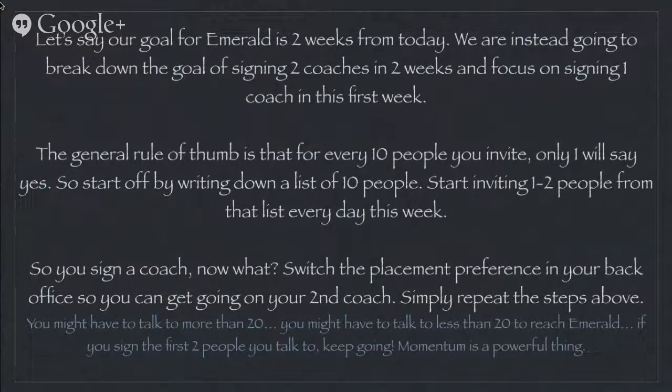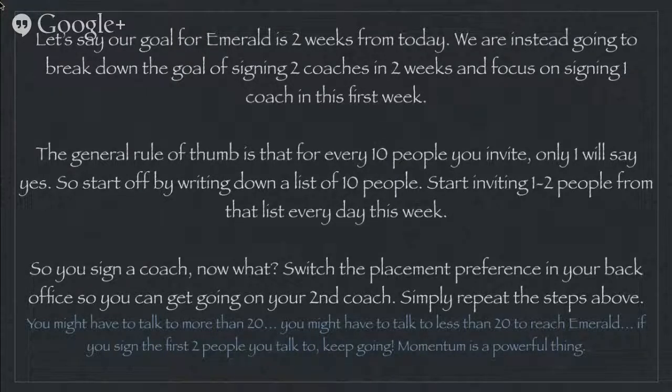So let's say our goal for emerald is 2 weeks from today. So what we're going to do is break that down into a smaller, easier goal. So instead of focusing on 2 coaches in 2 weeks, we're going to focus on signing 1 coach in 1 week. The general rule of thumb, and this isn't always exact, but on average, for every 10 people you invite, 1 will say yes.